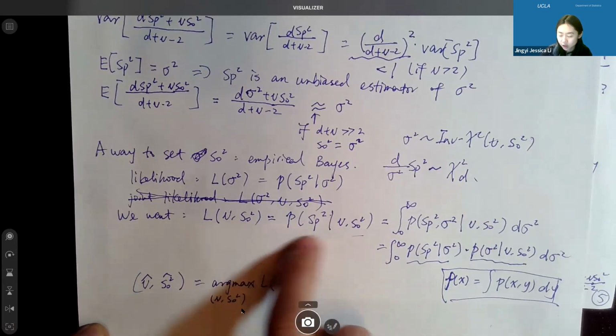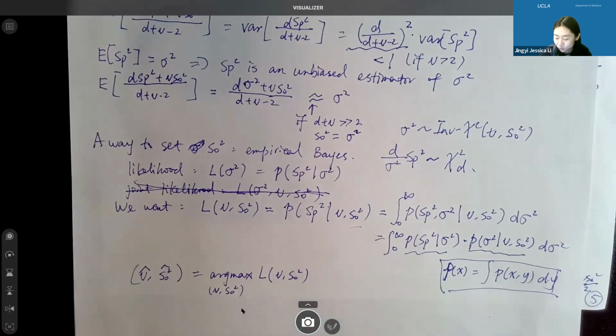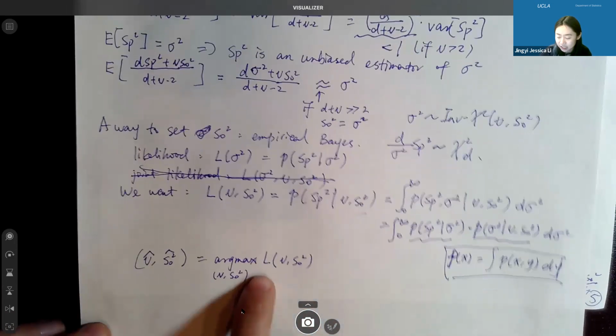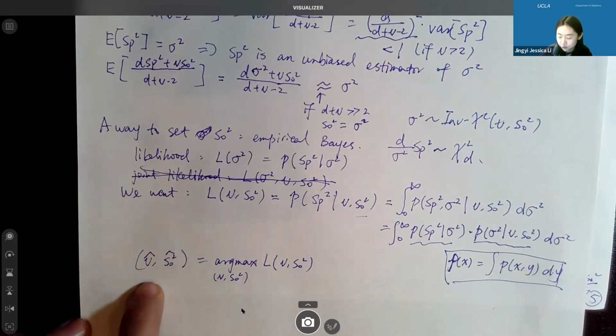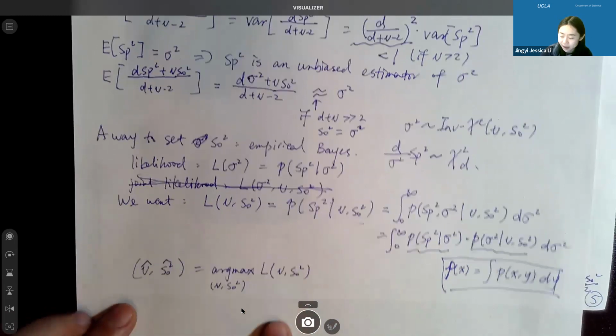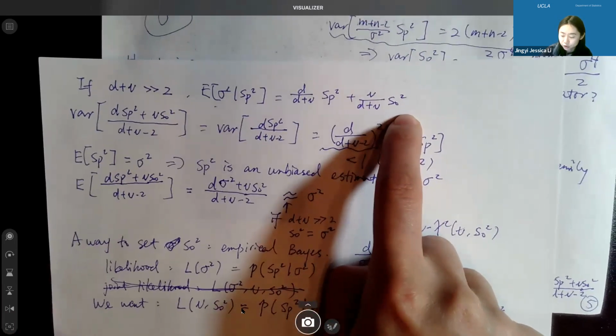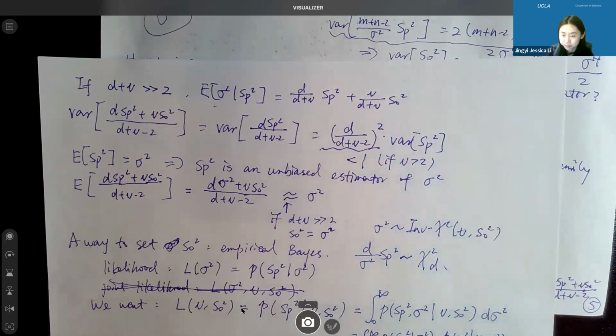And this is what we call the likelihood of the hyperparameters. Then we just try to maximize this hyperparameter likelihood to find estimates for the two hyperparameters. And using those values, we go back to this formula and just use the estimate for S0 square. That's our Bayesian estimator. Okay, so that's the whole idea of using the Bayesian framework.